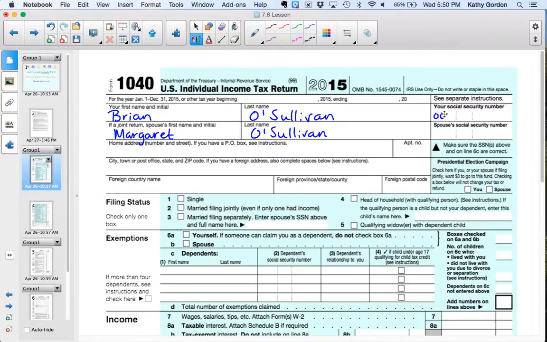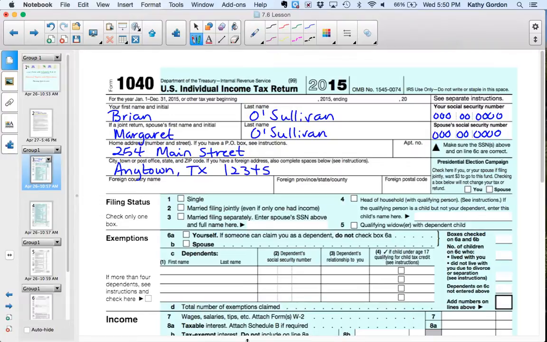So we don't really have social security numbers, we'll just continue to use zeros like we have with our other forms for both of them. And we also don't actually have an address on them, so you can just make one up. I'm going to say they live on 254 Main Street, Anytown, Texas, 1, 2, 3, 4, 5.